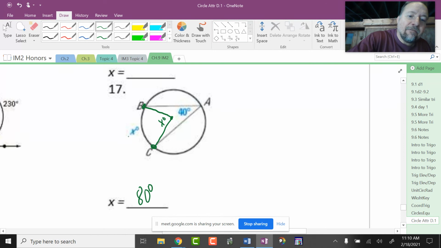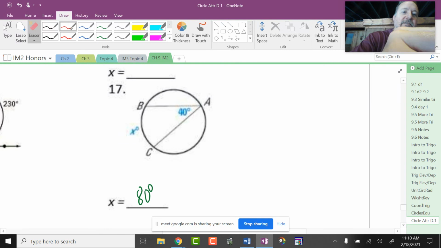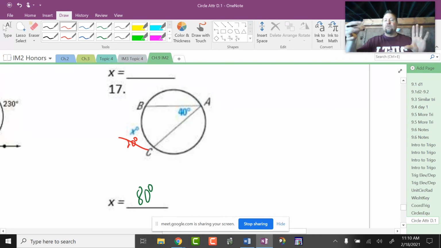This is half of that, so this must be double. So it's not a central angle, so it couldn't be equal. But then sometimes people flip a coin and put 20. And they think that the relationship's reversed. That's wrong. Again, I want you to compare it to a central angle and then know that it's actually double in that case.